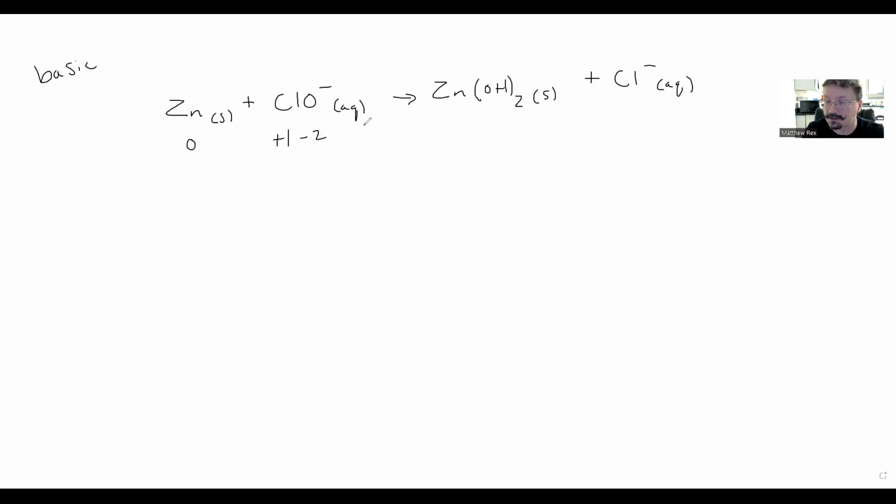The oxygen's a -2. Zinc hydroxide. We could break apart the hydroxide and do the oxygen and the hydrogen by themselves. But since this is ionic, the hydroxide we know is a -1 charge. We can just keep it that way. But actually we have oxygen, sorry, we should break them apart, because we do have that oxygen over there.